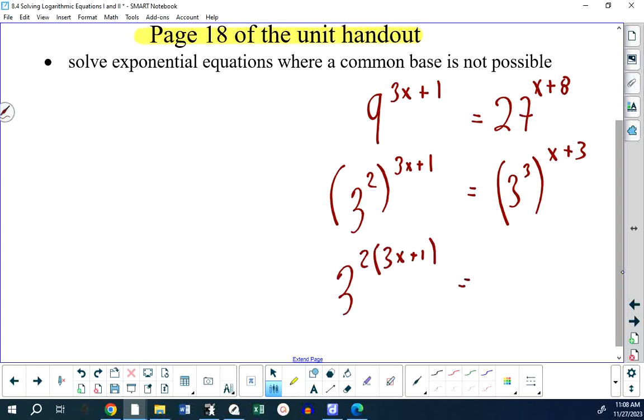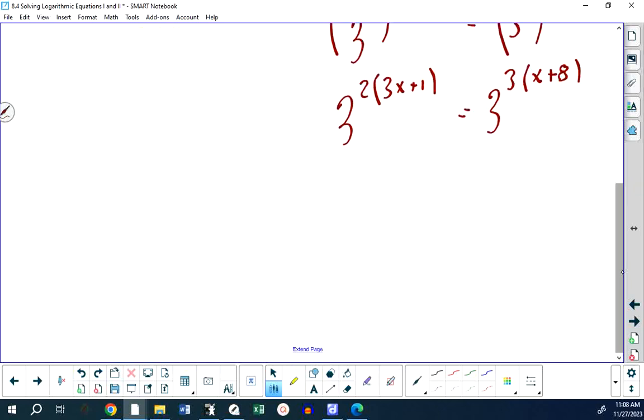I'm going to multiply these exponents. So, 8. I'm going to multiply these exponents, and then I feel as though I shouldn't even really need to finish solving this. If the bases are the same, the exponents must be the same. So that means 6x plus 2 is equal to 3x plus 24, and you solve it. It doesn't matter. You're going to get 22 over 3, I believe.